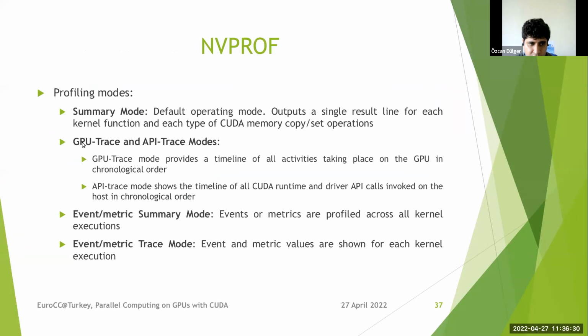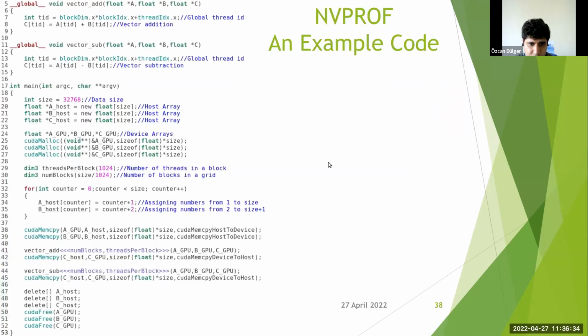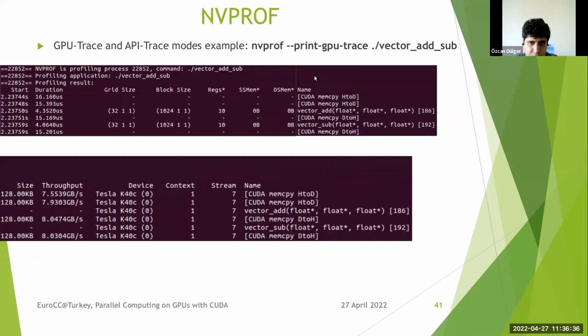Now I will start the second mode, GPU trace and API trace mode. If you use the print-gpu-trace flag in GPU trace mode, the information of all of the individual calls is given here.